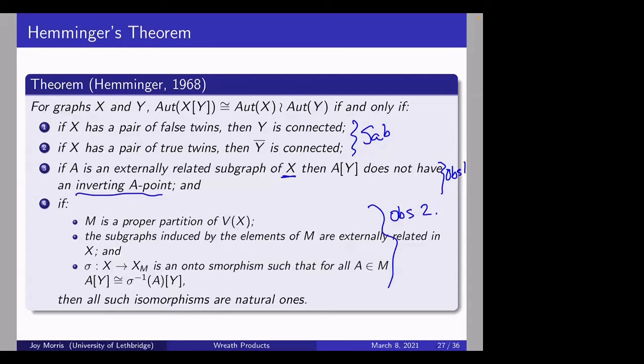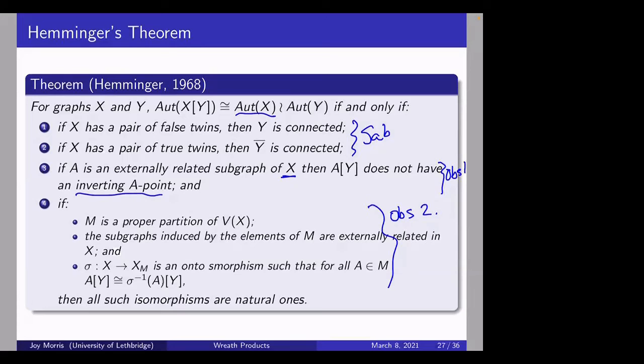And he got a similar result then for the automorphism group of the X join of graphs. If we're talking about the automorphism group of the X join of graphs, and we want to say that it has all of the possible natural automorphisms that you would get from automorphisms of X and automorphisms of Y, then it's pretty clear that you won't get a bunch of automorphisms that come from automorphisms of X unless the corresponding copies of Y happen to be isomorphic.